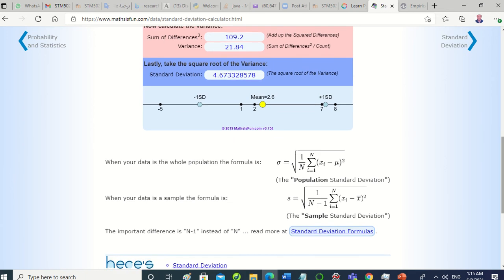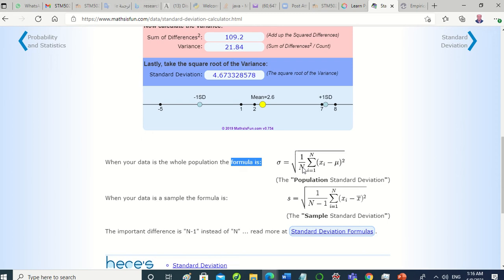Here is the equation for the standard deviation. From this formula, the standard deviation, which is sigma, equals 1 divided by n, where n is the number of the elements or items. And here we calculate the summation from i equals 1 to n of the terms.